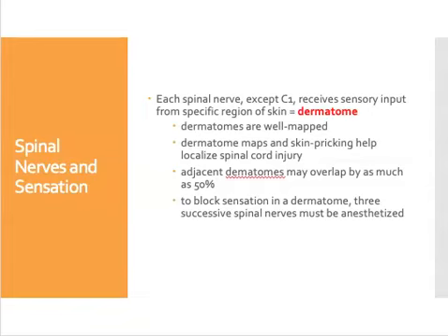As we finish up today, I want to talk about one more key thing to understand about spinal nerves as it relates to sensation, and that's the concept of the dermatome.